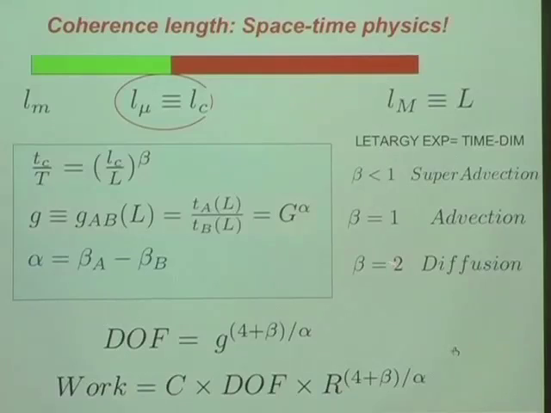In diffusion, space is much slower. You all know that in Brownian motion, in order to move twice as far, you have to wait 4 times. So that means that this exponent is 2. In other words, time goes with the length square, or length goes with the square root of time. There are many interesting phenomena, including turbulence, where in fact you are super advecting your information.